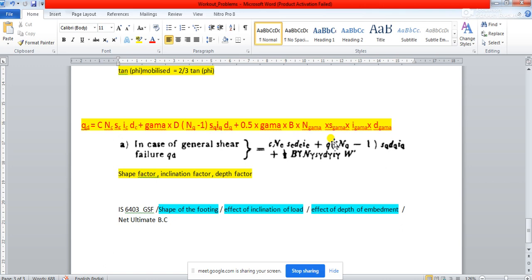Instead, applying the Indian Standard Code formula, if your water table is rising above the base of the footing, in this Q value there is a gamma D, as Q is nothing but gamma D. So instead of applying the RW1 factor here also and modifying the value of gamma, the Indian Standard Code says you can take the exact value of gamma and use it in place of this gamma D. That is why the Indian Standard Code has not taken this RW1 or W1 factor in this equation.